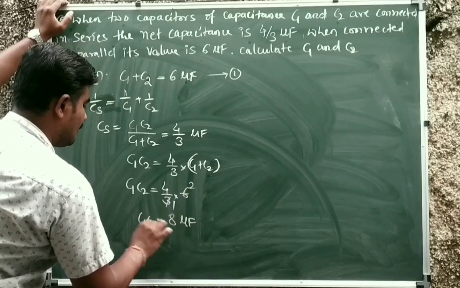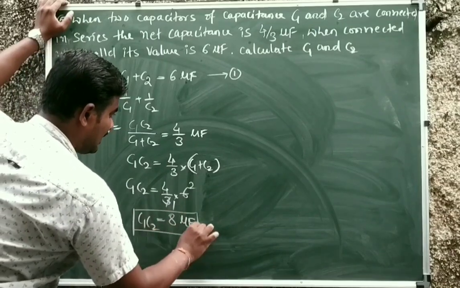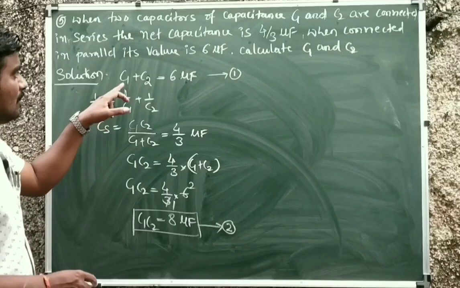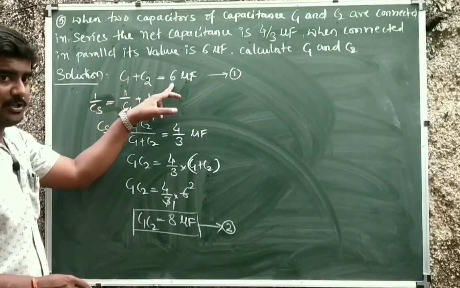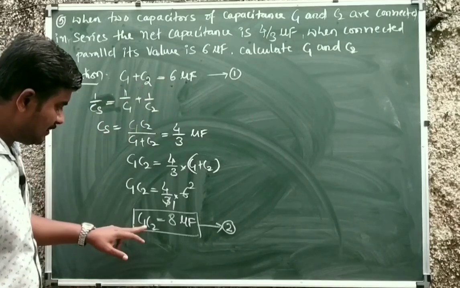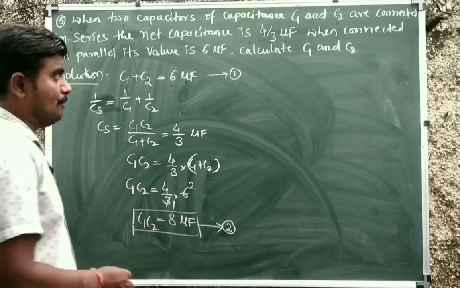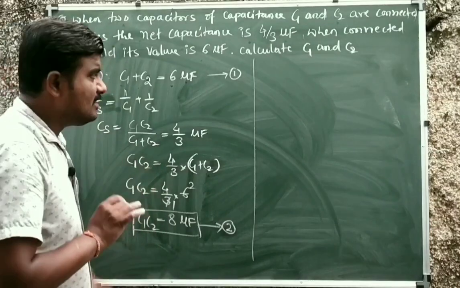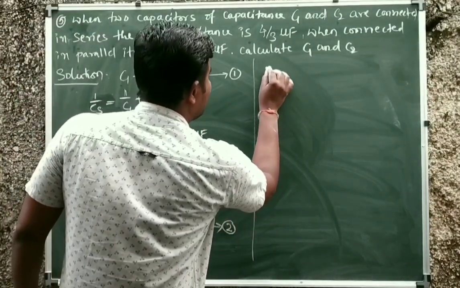This is the value of C1 C2. Let us call it equation 2. So C1 plus C2 is equal to 6 microfarad we know, and C1 C2 is equal to 8 microfarad we know. To solve in a very easy method, we shall make an arrangement like this.